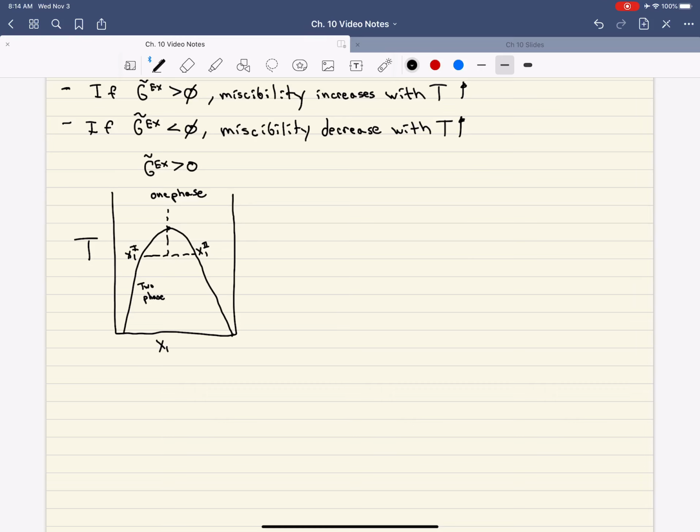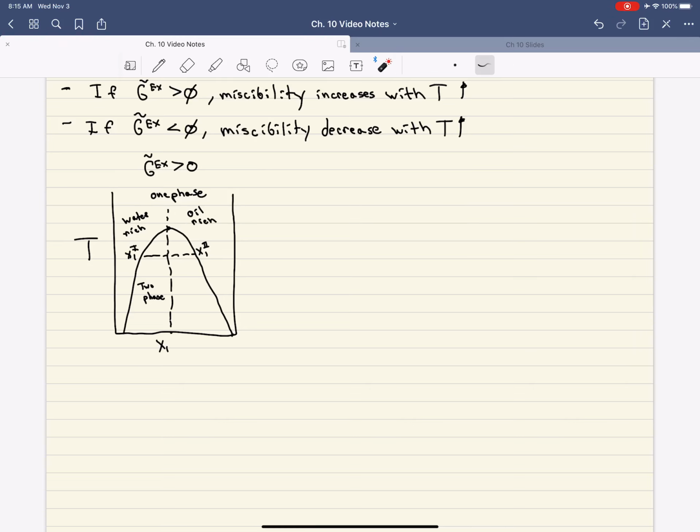Since species 1 is the oil, for the region where the mole fraction of oil is relatively low, we would call this the water-rich region. And for the part of the phase window where the mole fraction of oil is very high, we would call this the oil-rich region.